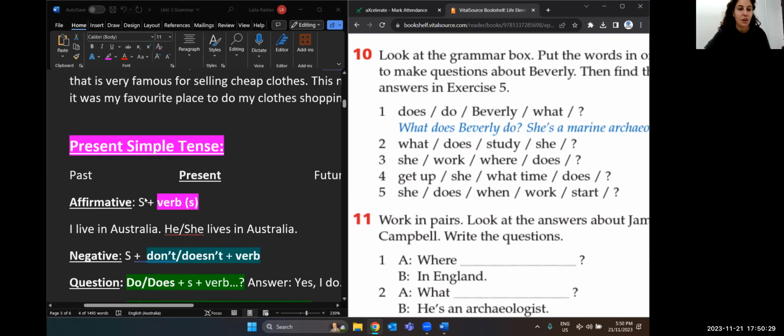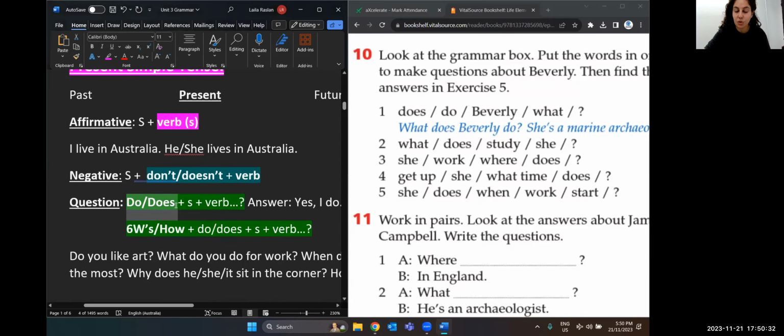To make a question, we start with either do or does, subject, verb, or one of the W's or the how, and then the do or does, subject, verb. So there are 2 ways to make a question in the present simple. So number 2 is coming from this second rule. What does she study? So I can follow that rule and be confident that's how I make a good, proper sentence to ask about she, her. What does she do? What does she study? So the main action is study. What does she study? I want to know.